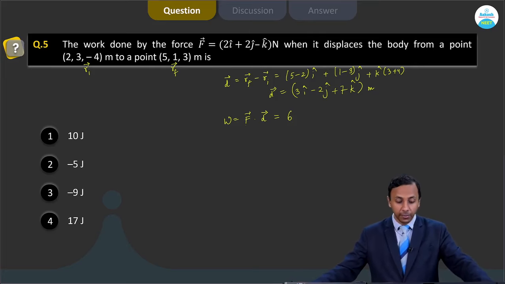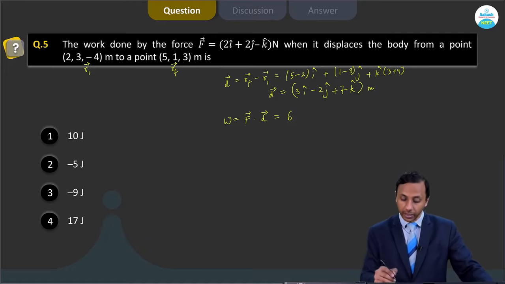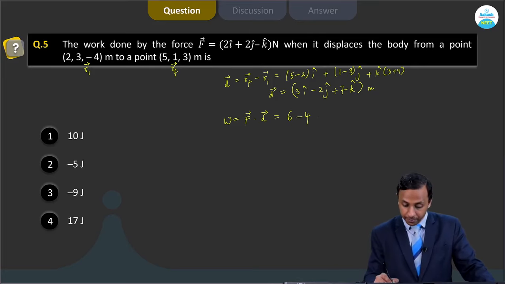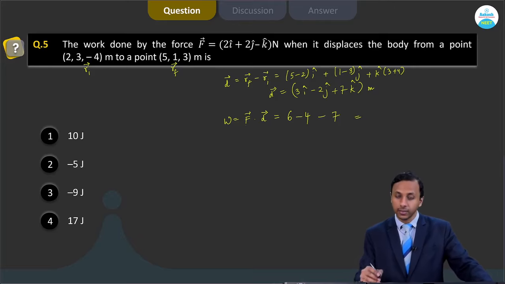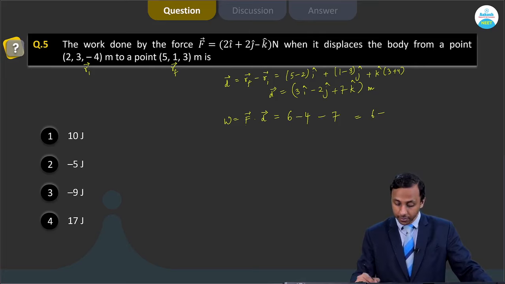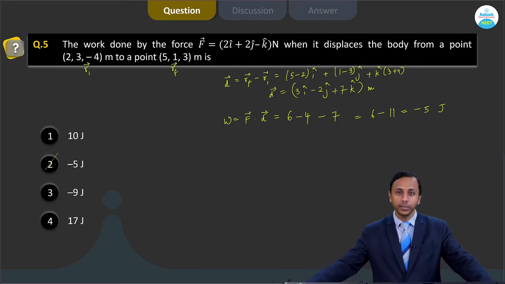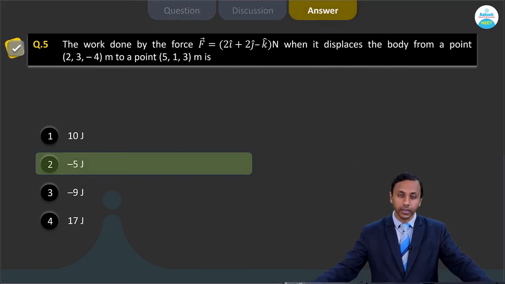Then j cap with j cap, this will become 2 into minus 2, that is minus 4. k cap with k cap, so minus 1 into plus 7, this will become minus 7, right? So therefore the answer is going to be 6 minus 11, which is going to be minus 5 joules, which is given to us in option 2. Let's check our answer slide, and yes, 2 is correct.